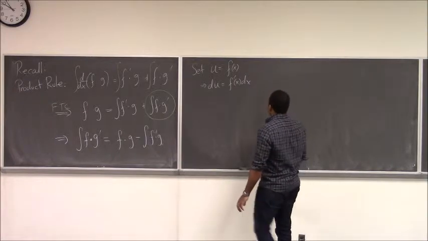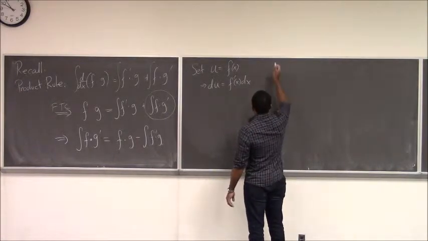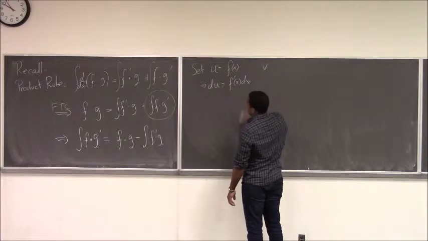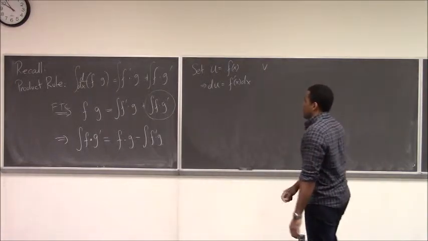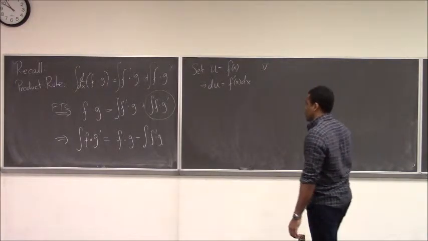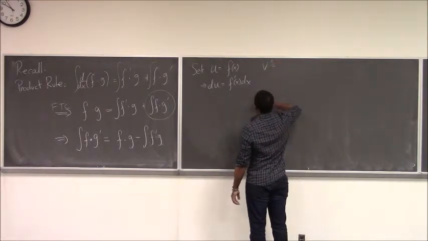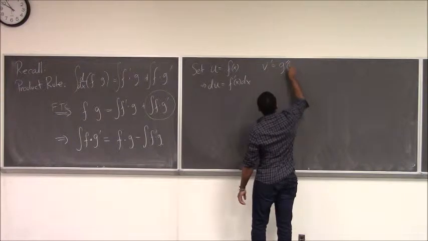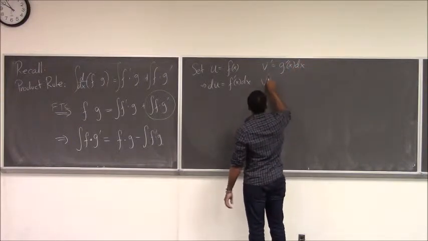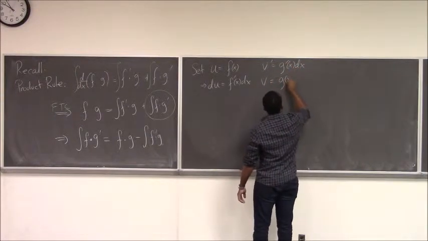And I am going to set some other function, let's say v prime equals g prime dx, so that my v would actually be g of x.